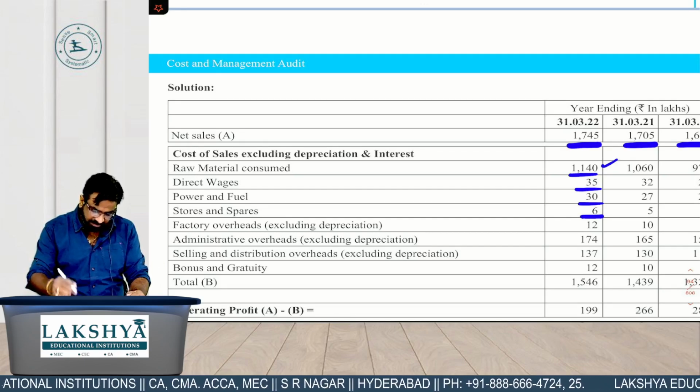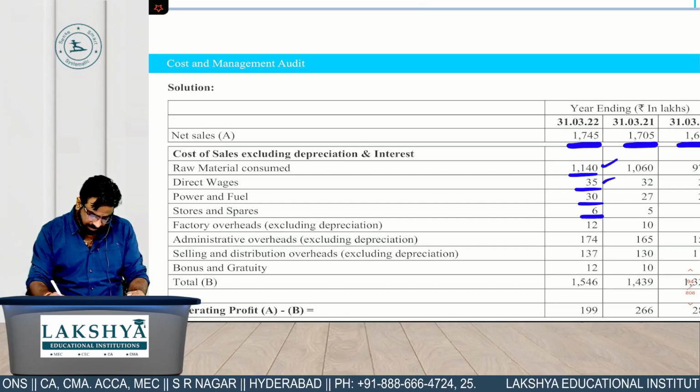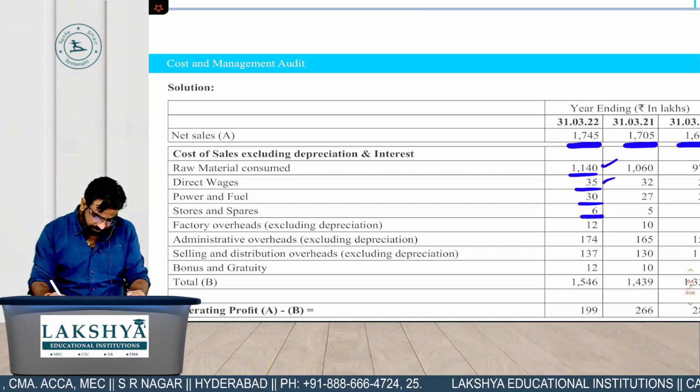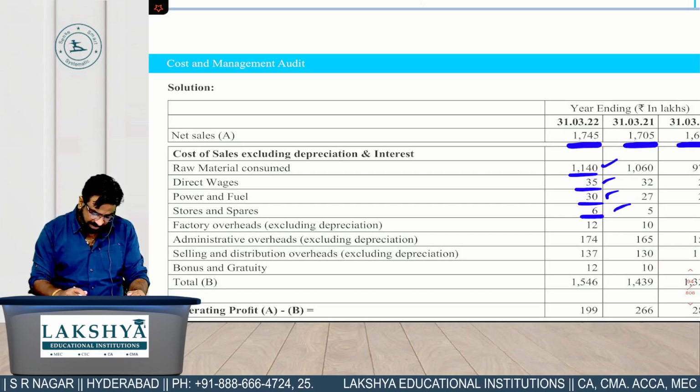So now calculate again. 1745 minus 1140 minus 35 minus 30 minus 6. In factory overheads, what is the total?